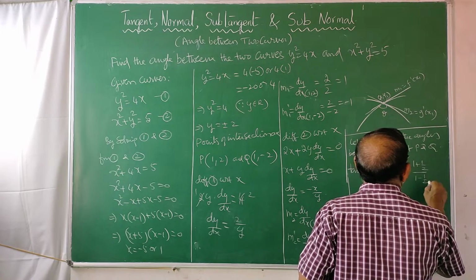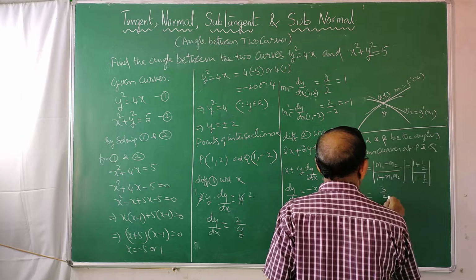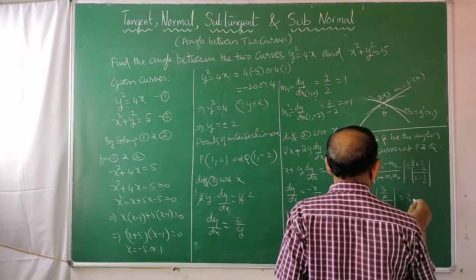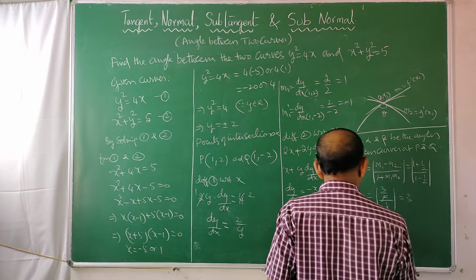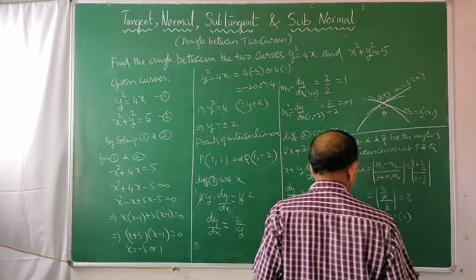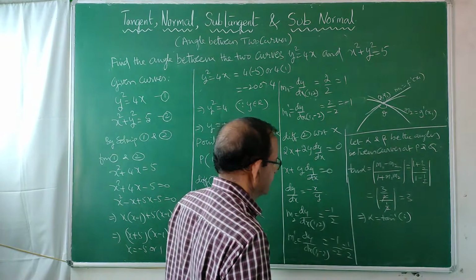So that is 3 by 2 by 1 by 2; the 2 is cancelled, equal to 3. That implies alpha is equal to tan inverse 3.